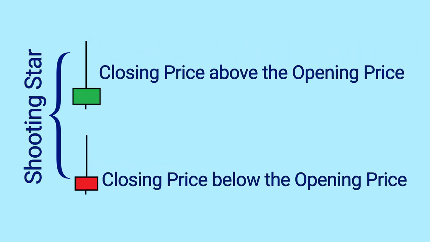And if in the case of a shooting star we have a green body, then obviously it is less bearish than if we have a red body. In the case of a red body, the bears could push the price even below the opening price.